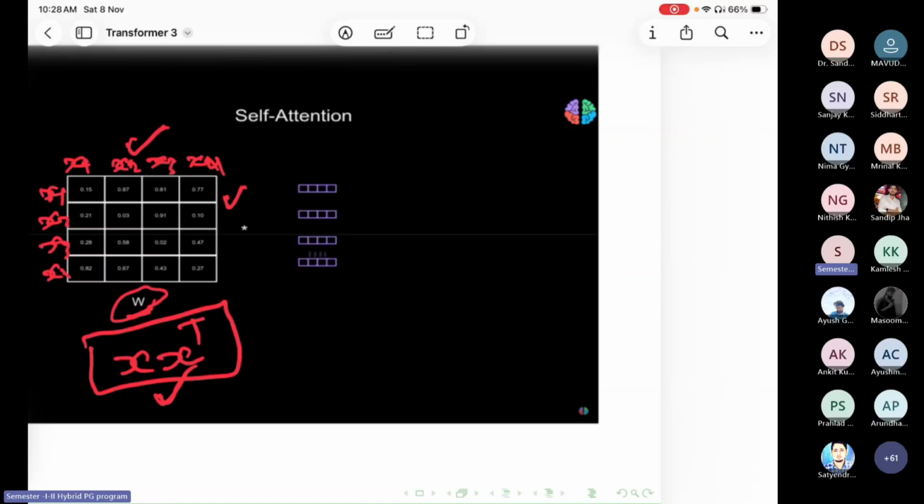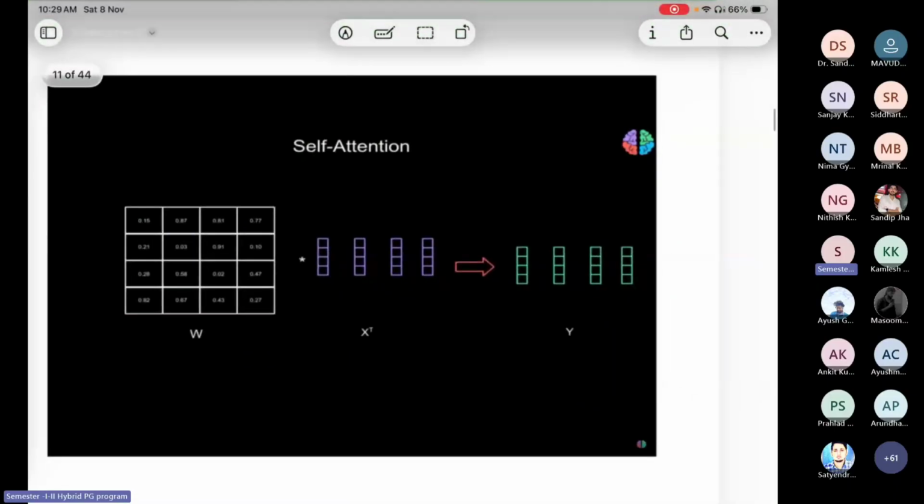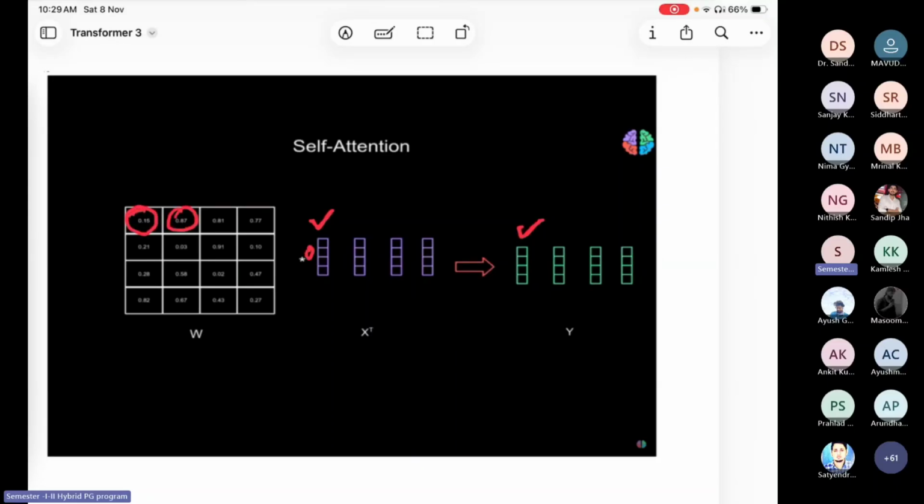So now again you are going to refine it. This is your attention W matrix, and the W matrix will be multiplied with the input, your x1, x2, x3, and x4. So when you do it for this vector, you get the refined vector. We have seen this. When 0.5 is given to this, and this is given to this, and then you add it, that will give you the first vector.